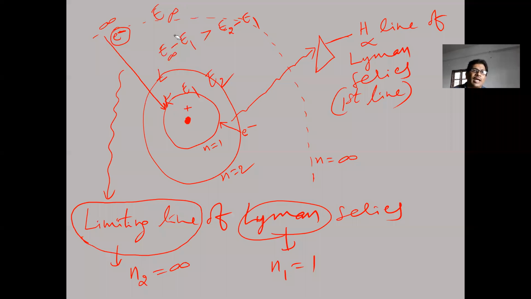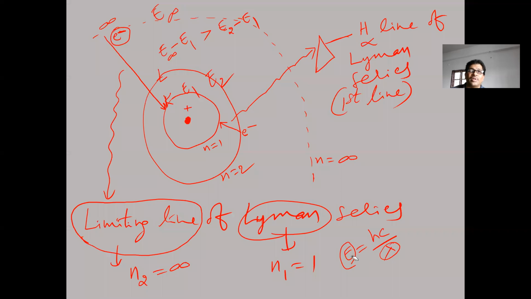So if the energy gap is greater, the wavelength will be shorter. We know the relation: energy E is equal to h nu, and E is equal to hc by lambda. In this equation, lambda and energy are inversely proportional to each other.